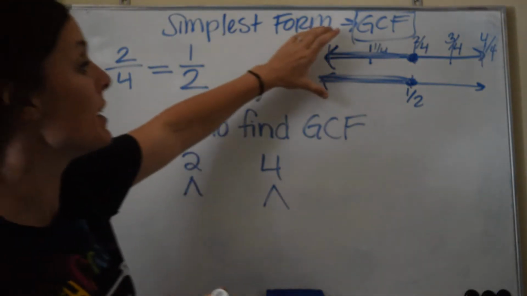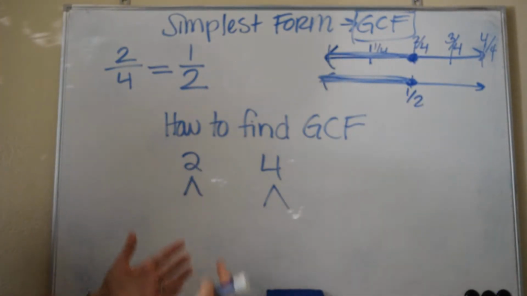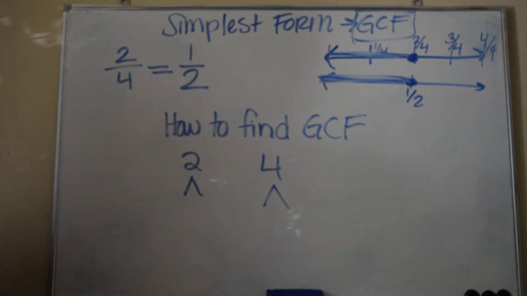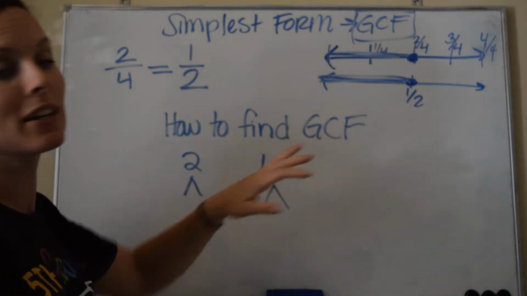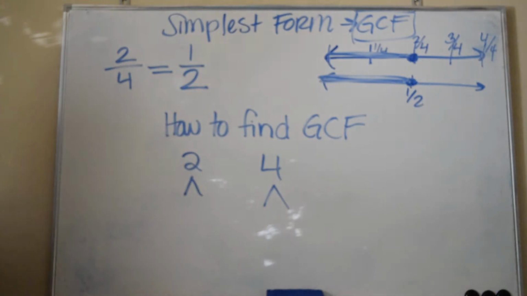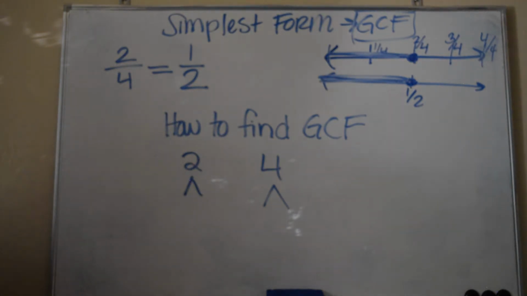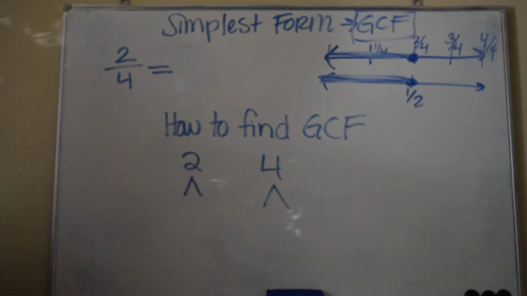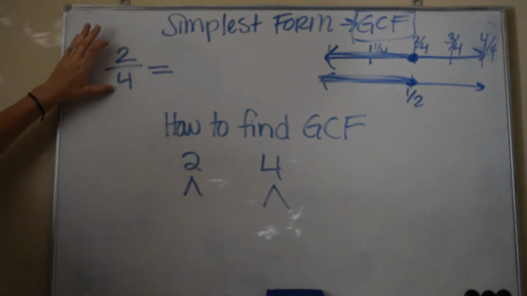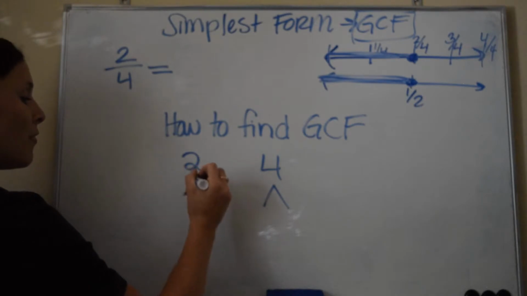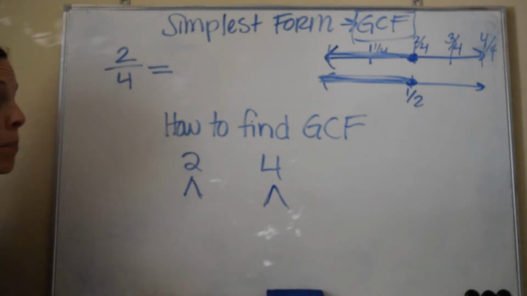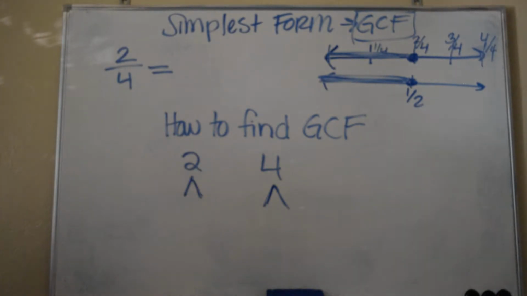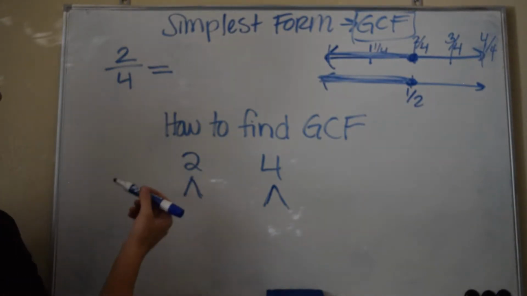So I know they're equal fractions, but we find out what the simplest form is by finding the greatest common factor. So how do you find the greatest common factor? Let's say I didn't know what 2/4 is simplified to. You're going to take the numerator and the denominator and create a factor tree. This is just like prime factorization, and that was way back in a different chapter, but let's review. What are the factors?